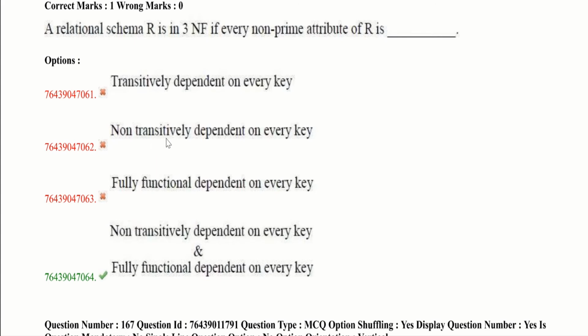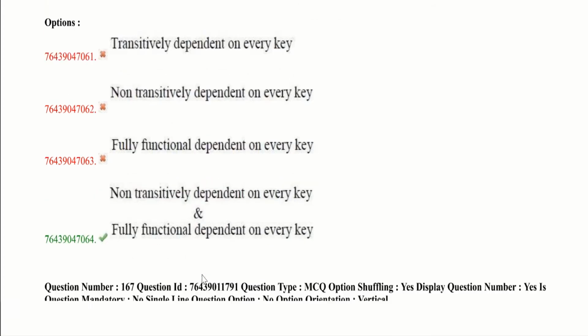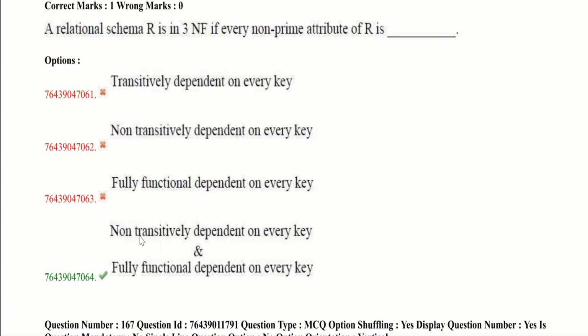Although the second option is also correct, the valid answer is the fourth option, because second normal form follows fully functional dependency on every key. So check every option in the exam. You get 2 marks from normal forms, so be thorough with normal forms. It's a very easy concept. You have to remember the main key points like this.